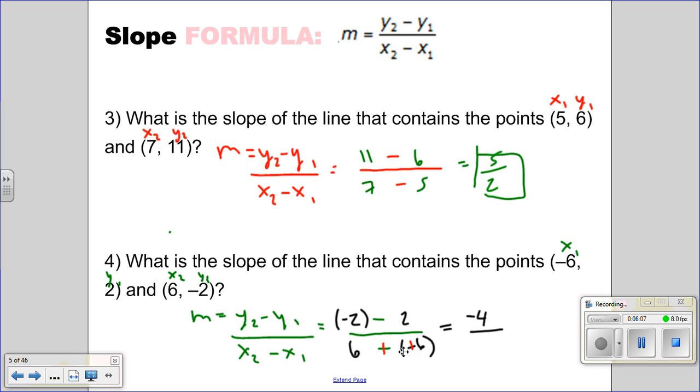Anytime there's a double negative like that. So you would have 6 plus 6, which is 12. So now I have negative 4 over 12, and I can reduce that to simply negative 1 over 3. And that's my final answer.